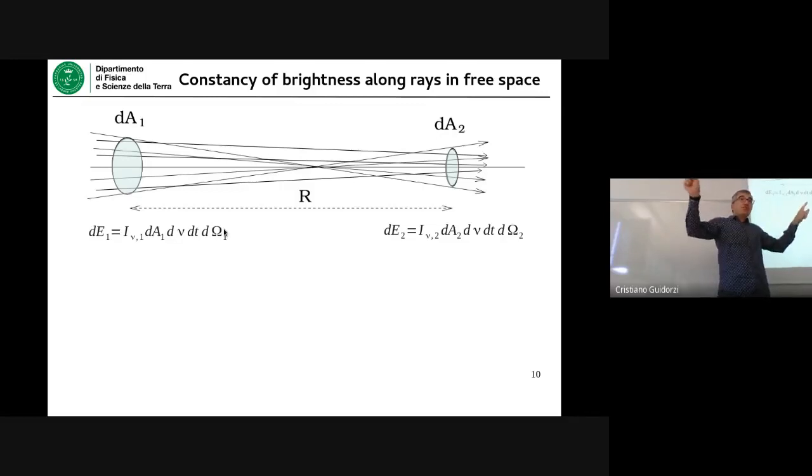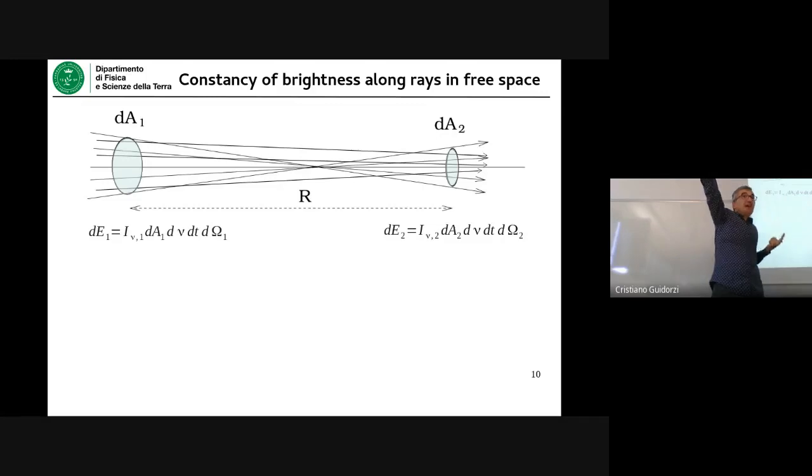You must take only those rays which will then be crossing dA2. But selecting those rays means that you make a selection on the solid angle of all the possible rays. And what is the solid angle? The solid angle is the surface over square distance, the definition of solid angle.